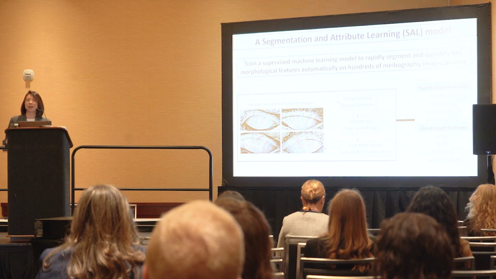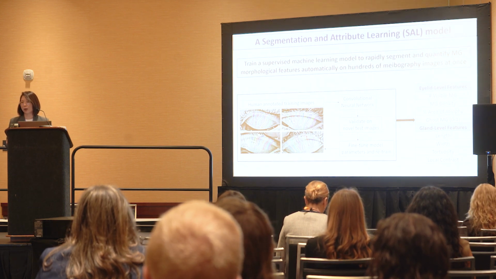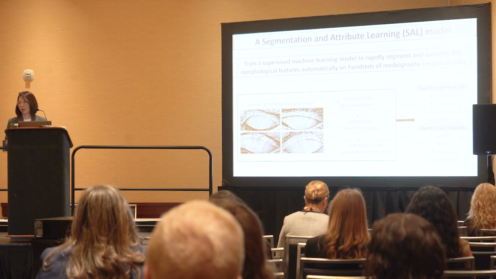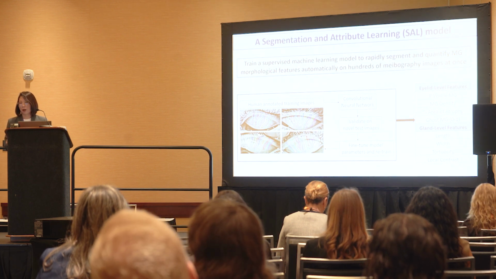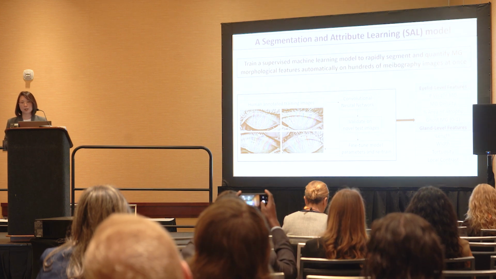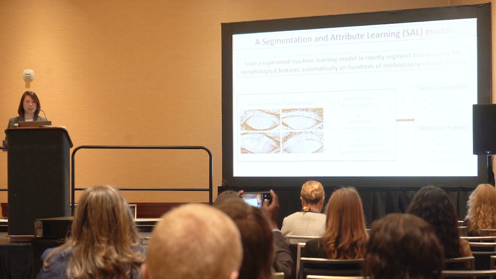To address the current challenge, we have trained a supervised machine learning to rapidly segment and quantify each individual gland. We use a convolutional neural network that was trained on human annotated images and also validated on novel images that our AI has never seen.